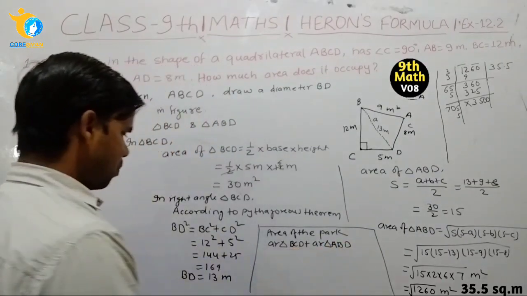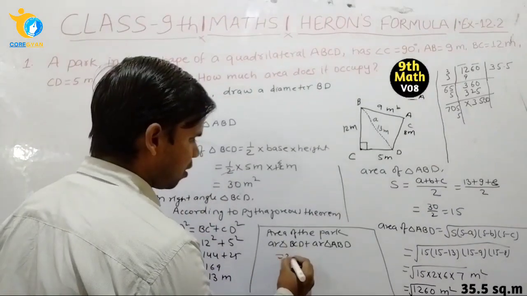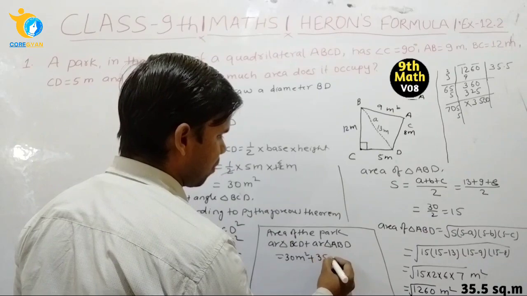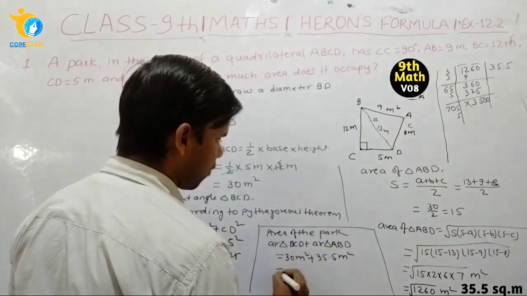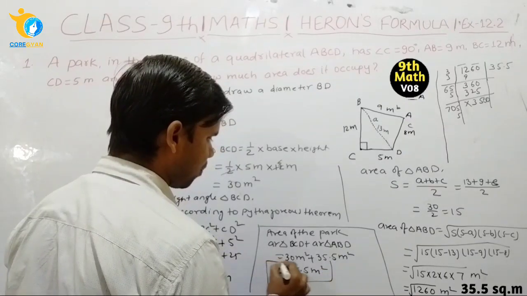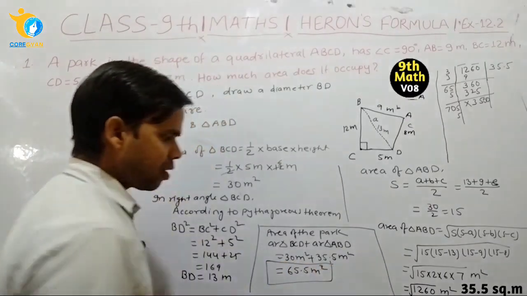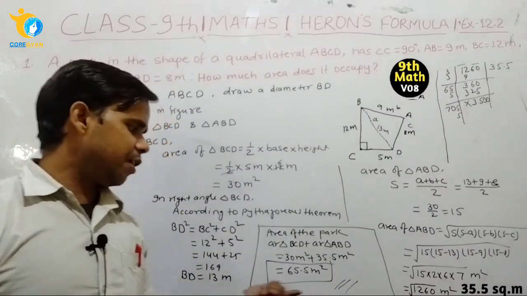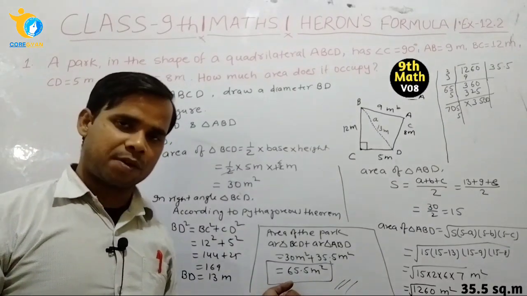The area of triangle BCD is 30 meter square and the area of triangle ABD is almost 35.5 meter square. So finally 65.5 meter square is the area of the park.